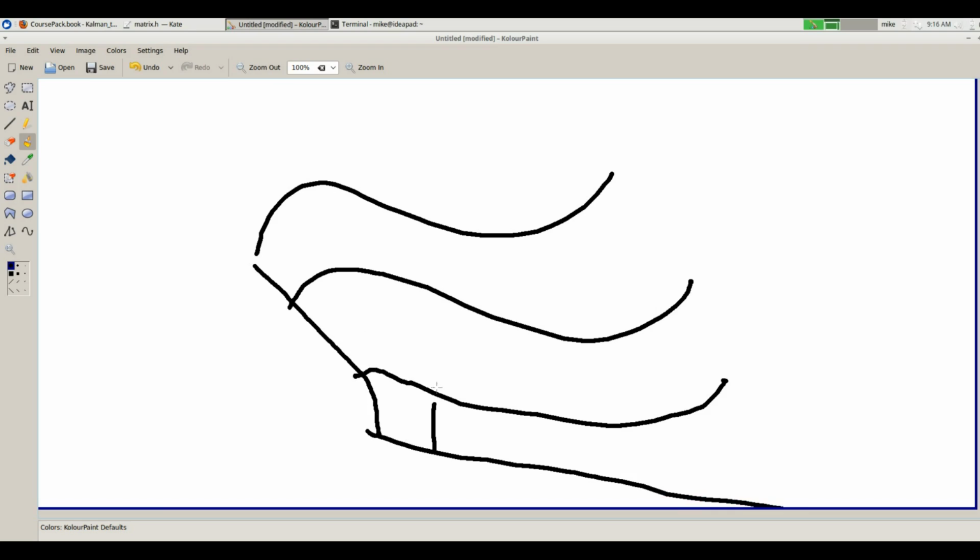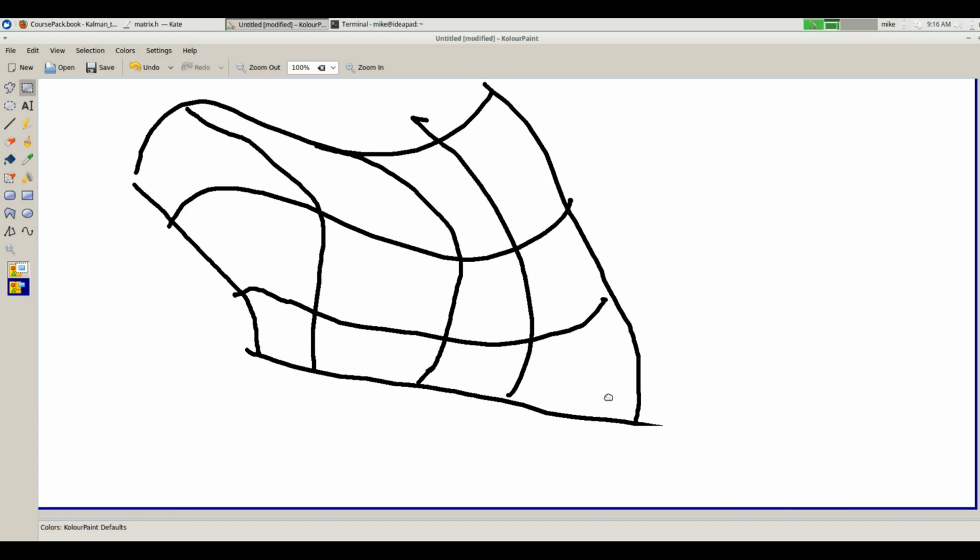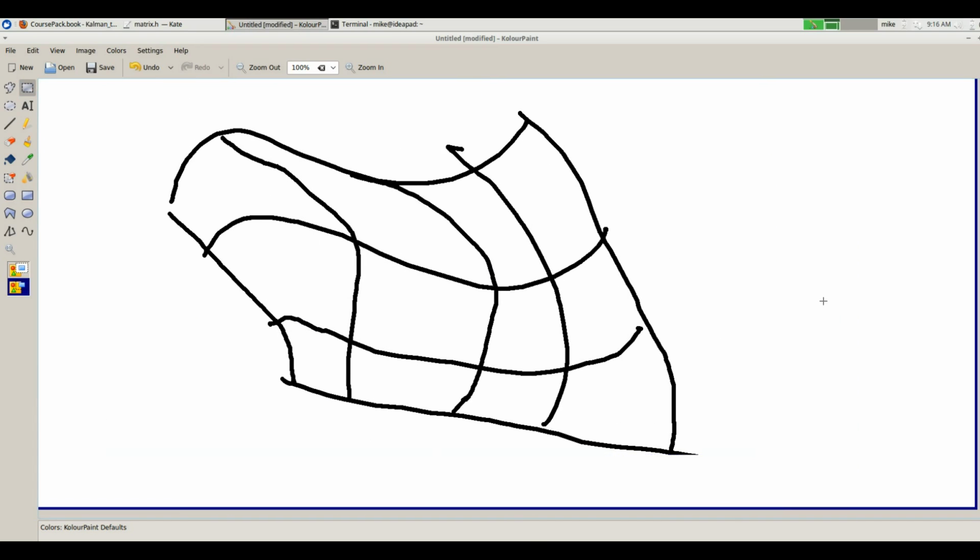Pretend you have a surface in high-dimensional space, and the surface is nonlinear. Pretty clear that's not a plane, right? Now, at any single point on here, you could, if you wanted to, compute the tangent plane.